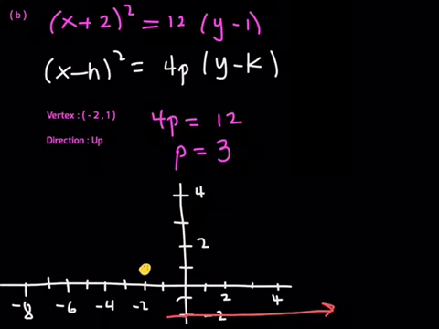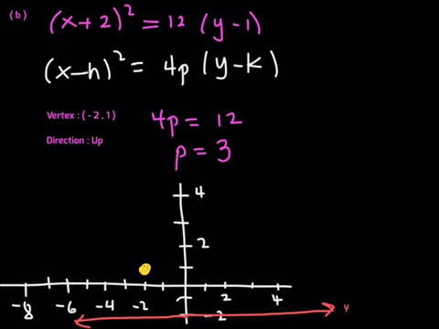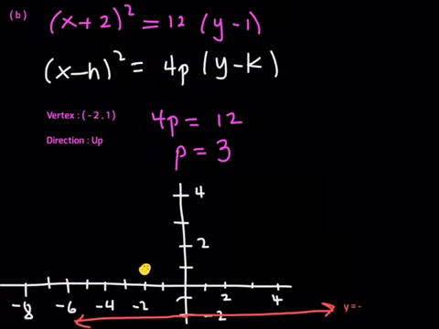What I'm drawing here is your directrix. I'm going to want you to label that, right? So y is equal to negative 2. Again, I found that by moving 3 units down from my vertex.